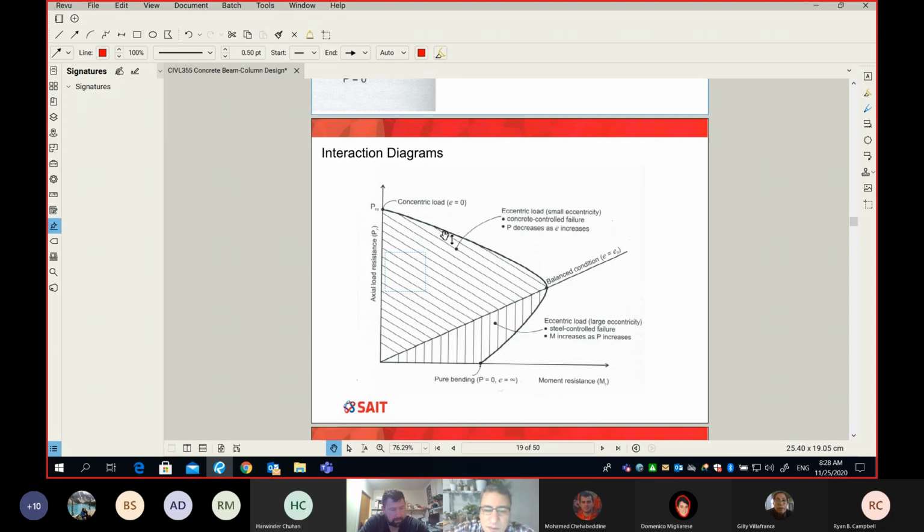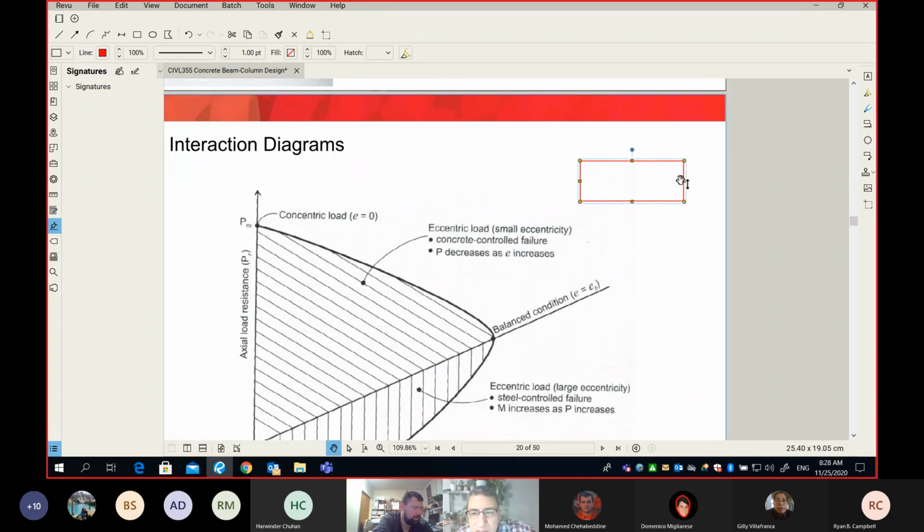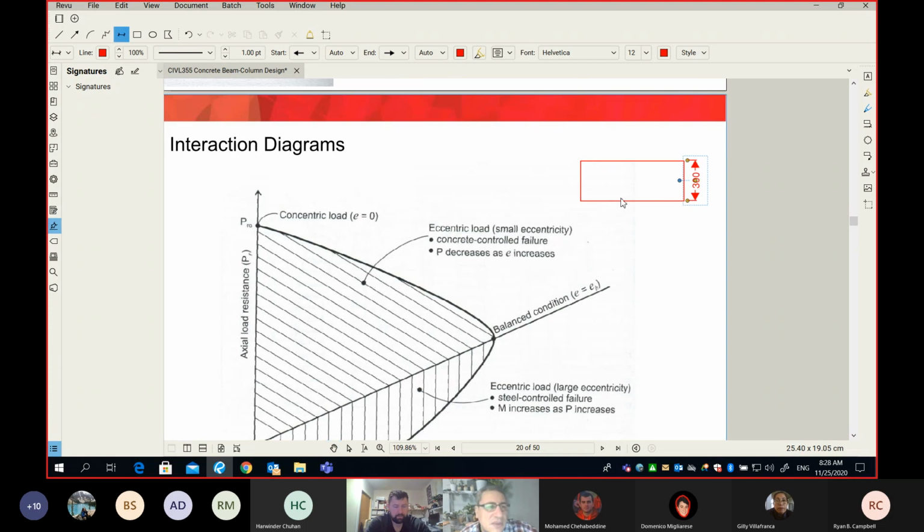Now, let me ask you, which is not very difficult. If I give you this cross section and all the dimensions, let me give you an example. Let's say this dimension is 300, and this dimension from here to there is 700.